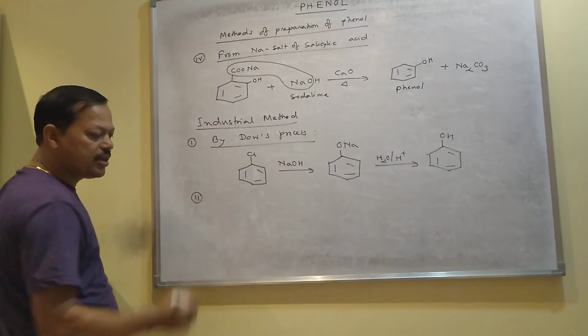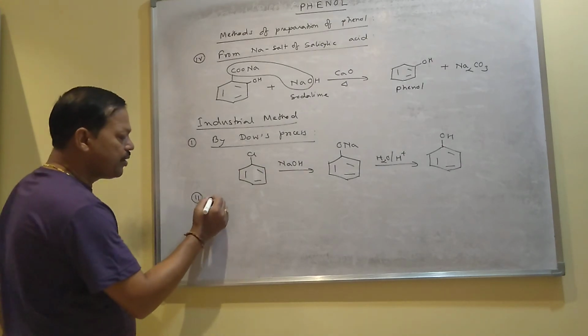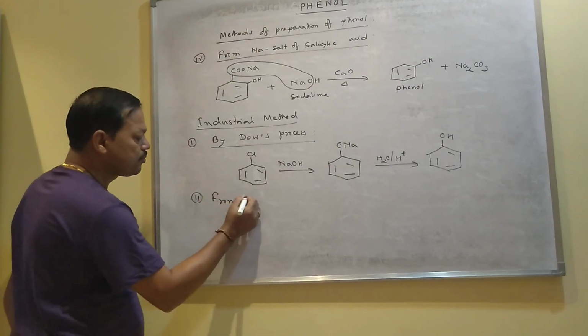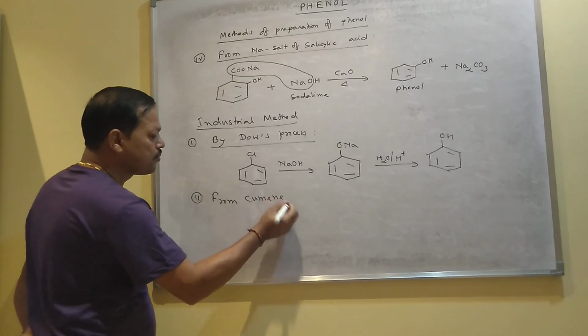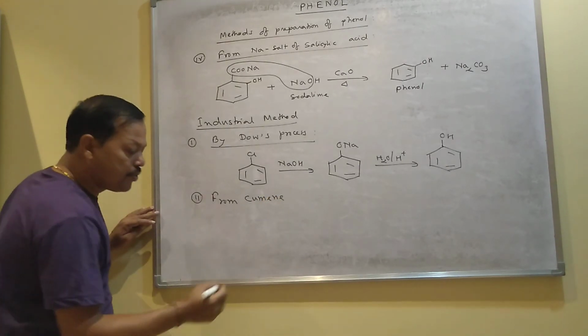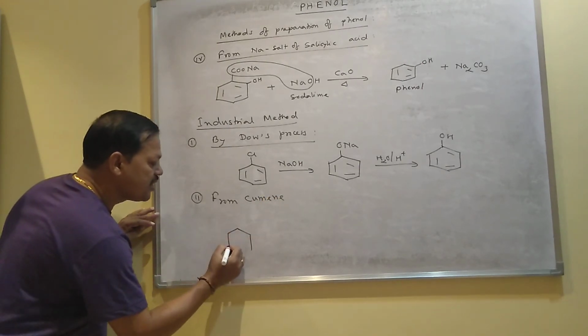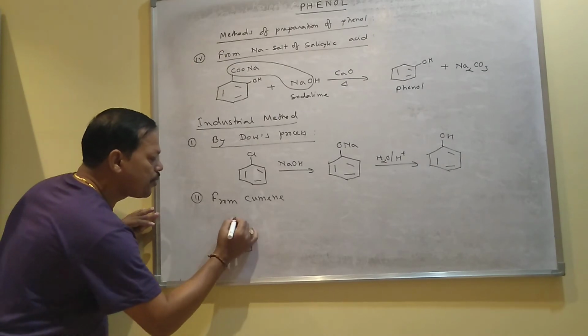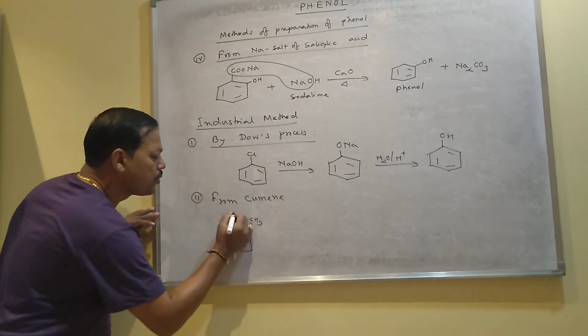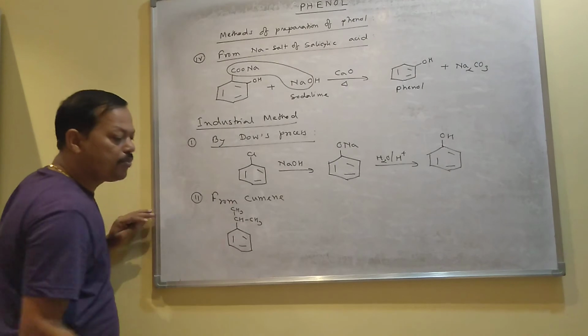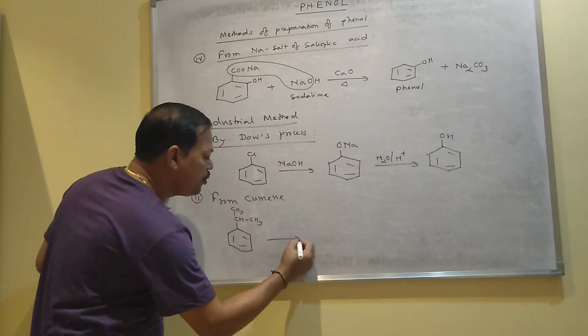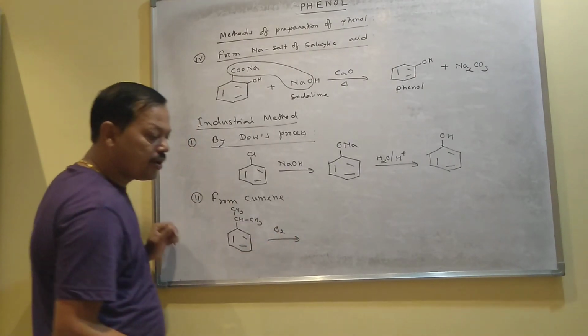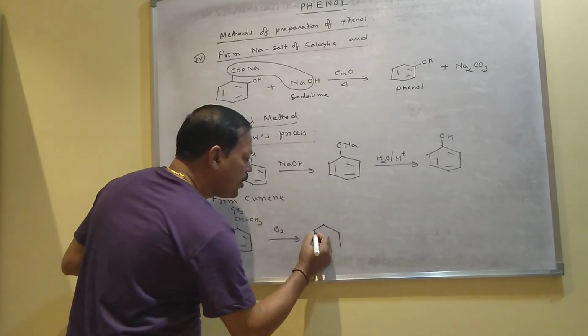And another industrial method, from cumene. This compound is called cumene. When benzene contains one isopropyl group, the compound is cumene. First you react it with oxygen, then it produces a compound like this.